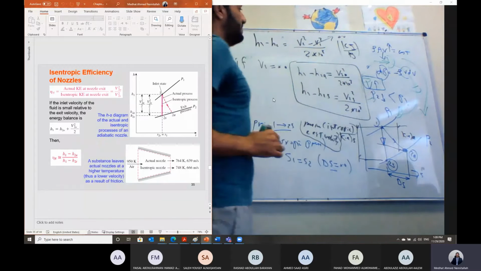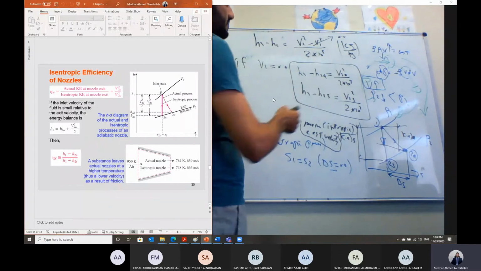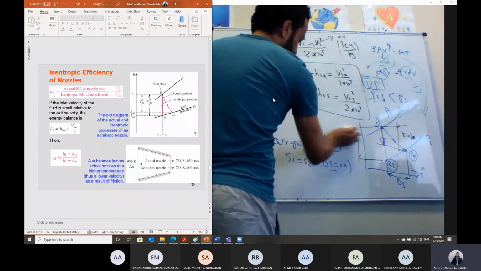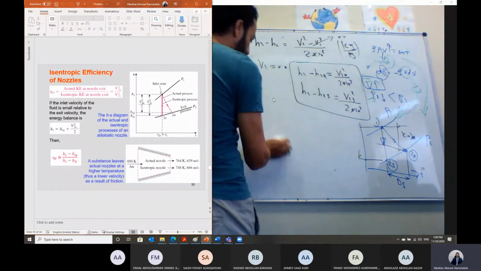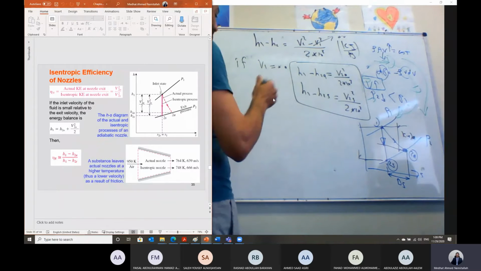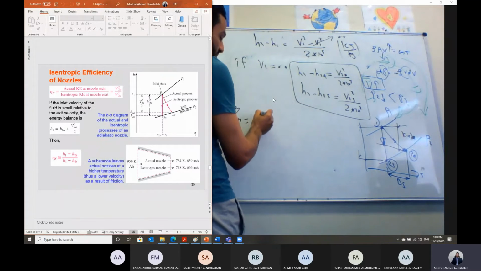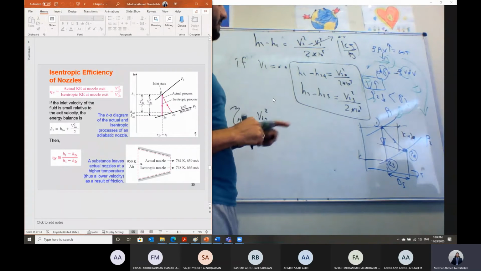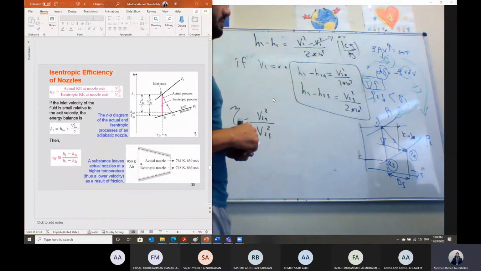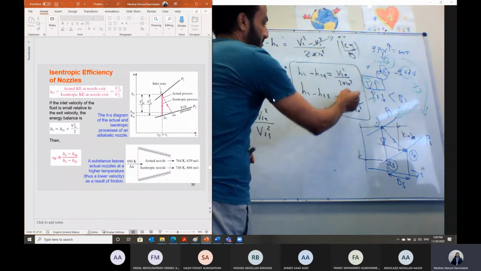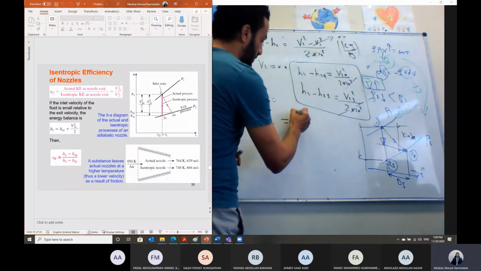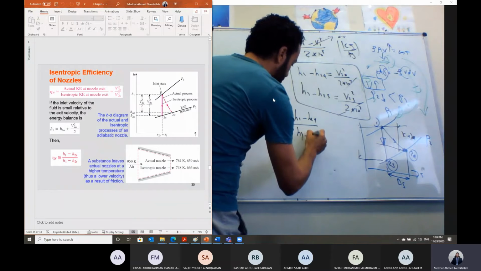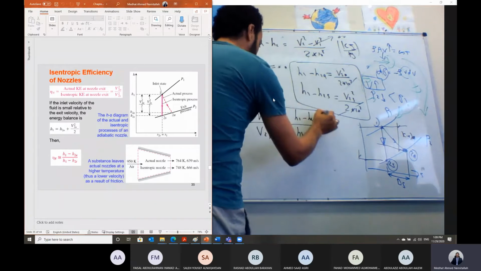Okay, but based on this, can we just get the ratio V2 actual squared divided by V2 isentropic squared, and redefine the isentropic efficiency of the nozzle, which is V2 actual squared divided by V2 isentropic squared. The division by 2 will cancel, and that should equal to the ratio H1 minus H2 actual divided by H1 minus H2 isentropic in this case.